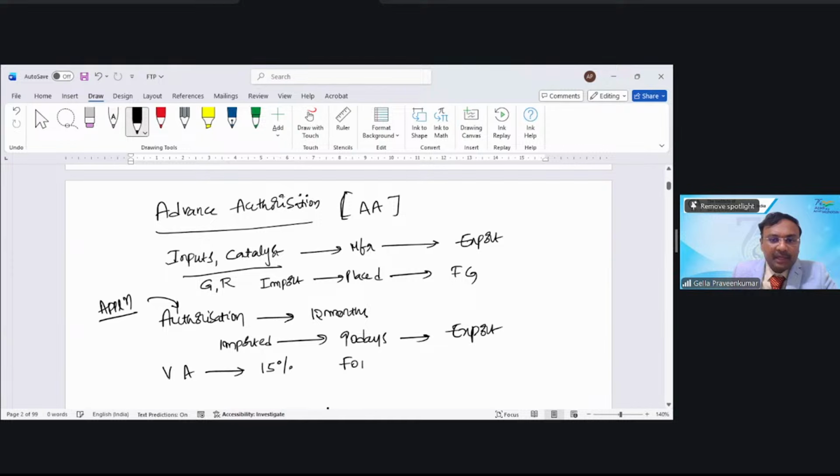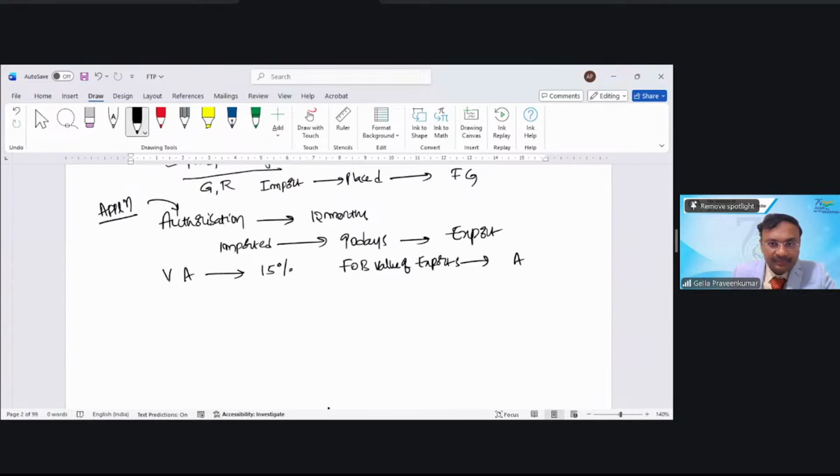Assuming my FOB value of exports is A, and my CIF value of imports and other items is B. They are saying that (A minus B) divided by B, into 100, should be greater than 15%.